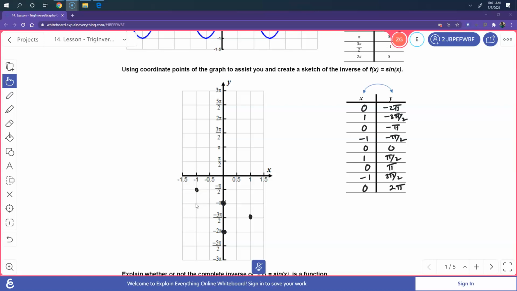And then we have 0, 0. And then we have 1, pi over 2. 0, pi. And then negative 1 is 3 pi over 2, and then we go back to 0, 2 pi.